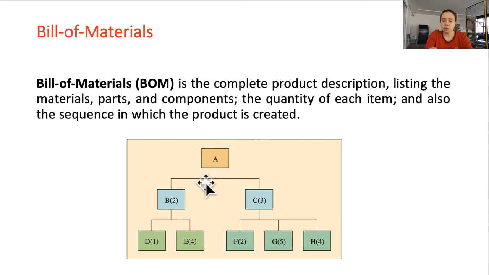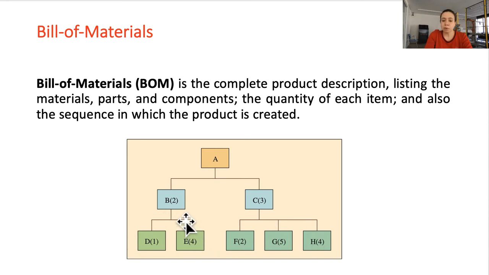Our final product is A, and to be able to produce A, we have two components, B and C, and we need B at an amount of 2 and C at an amount of 3. And also we have a second level.